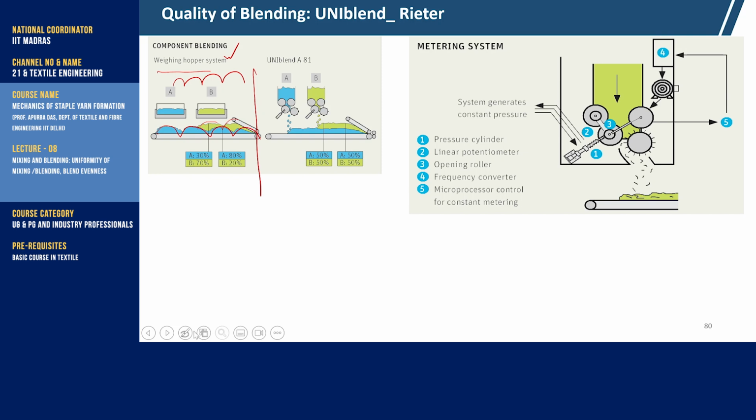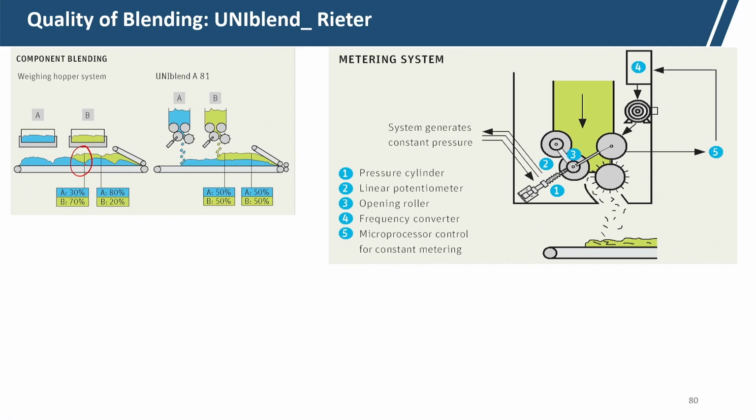If these layers are superimposed, then at this point the green portion is thicker and the blue fibers are in a thinner portion. So, here you will see the blend ratio is disturbed, it is basically say 30%, 70%.